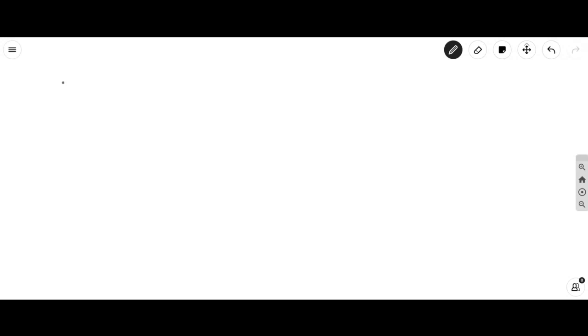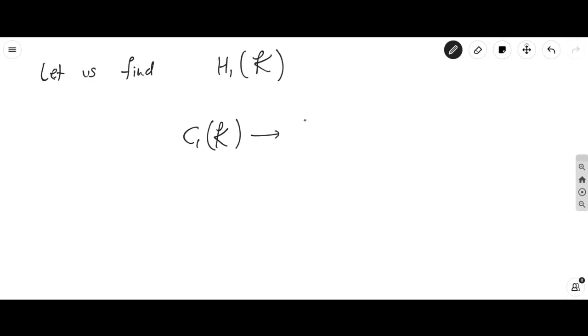So let us find the first homology of this complex. And to find that, we start with one chains, we map them into 0 chains, and the previous map is from 2 chains. Now the 1 chains will consist of all one-dimensional simplices that you see.